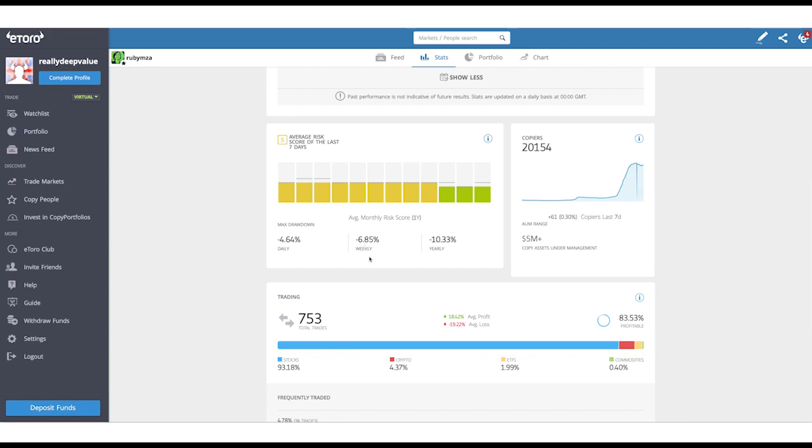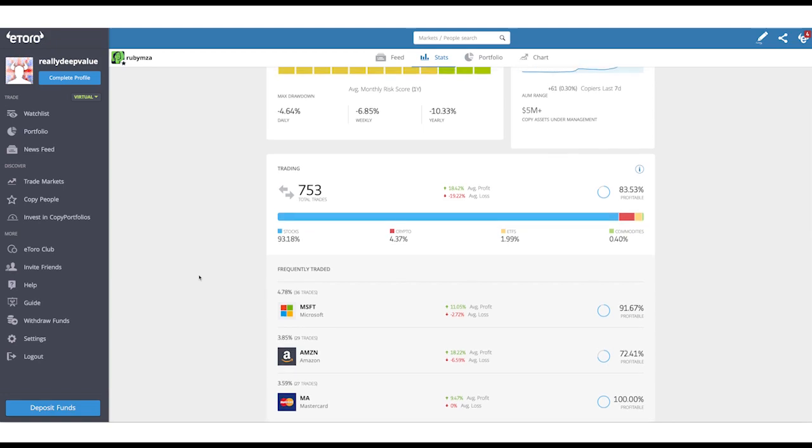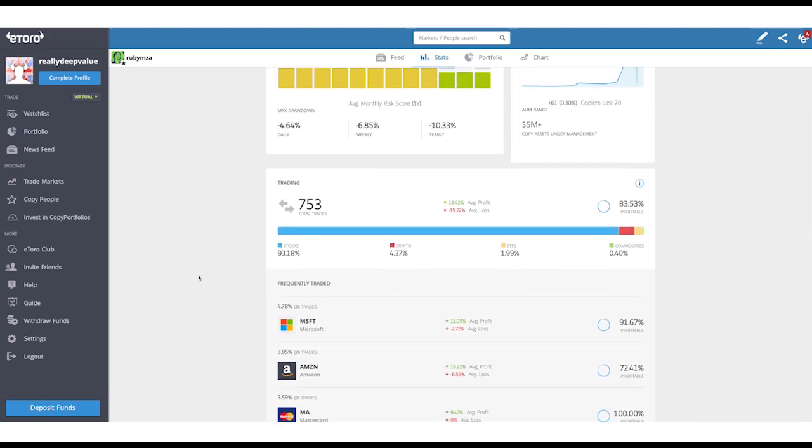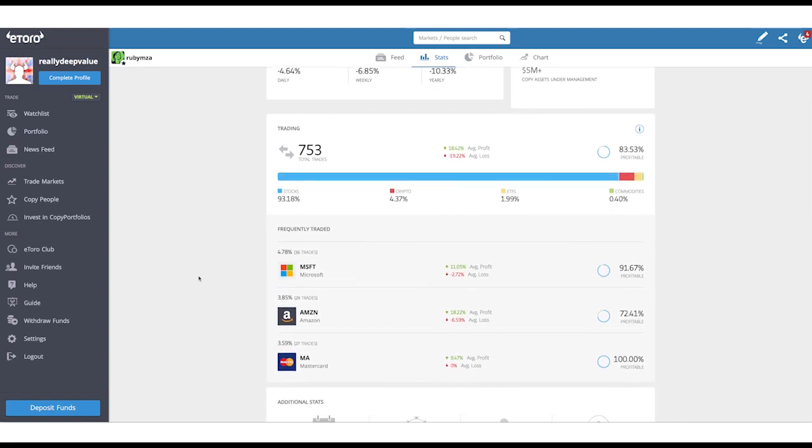So if you're going to copy this person, you want to put your stop loss perhaps around 10% or even a bit more, because it's minus 10.33 on a year view. So maybe put it at minus 15%. So you don't want to lose any more than 85% of the value of the money you've invested in copying this trader.